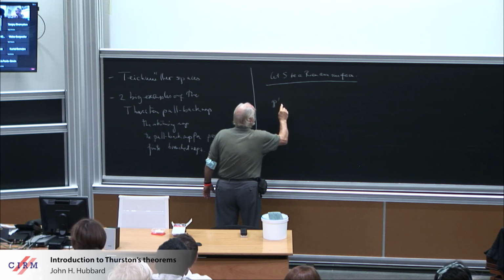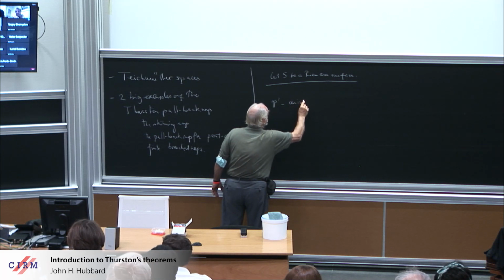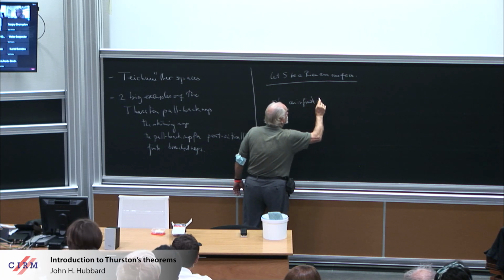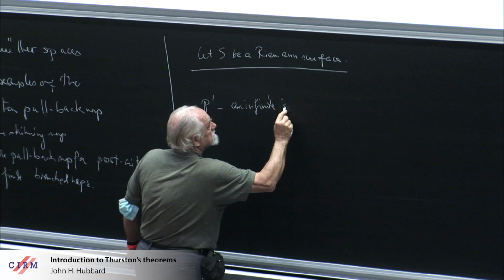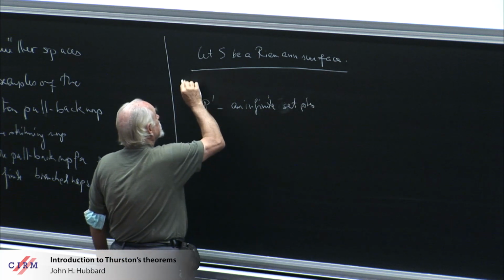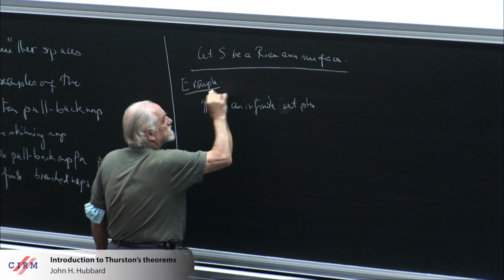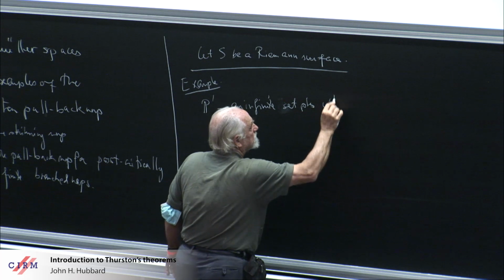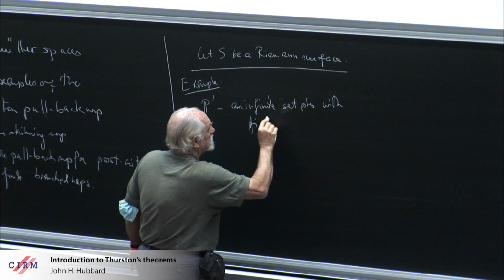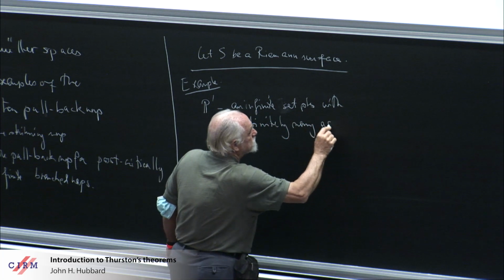So let S be a Riemann surface, but you ought to be thinking something like P1 minus an infinite set of points, or something like that, with say, finitely many accumulation points.